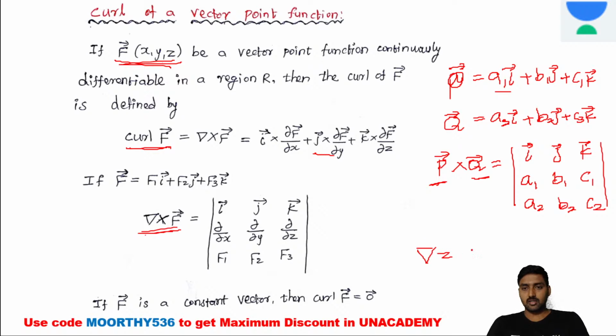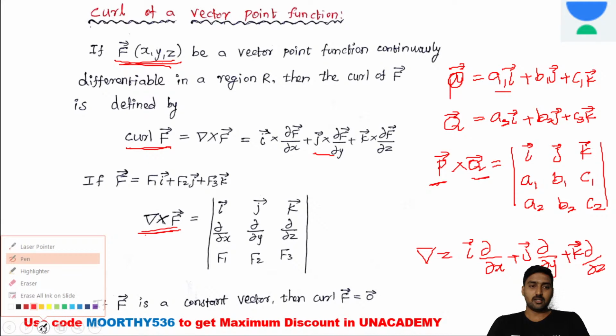The del operator is equal to i vector into dou by dou x plus j vector into dou by dou y plus k vector into dou by dou z. So this is the del operator, right? And the f vector is equal to f1 i vector plus f2 j vector plus f3 k vector.